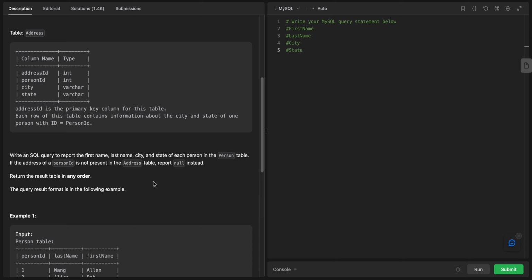So right now we know what the columns are that we want to have. This is the first step: we know the columns.